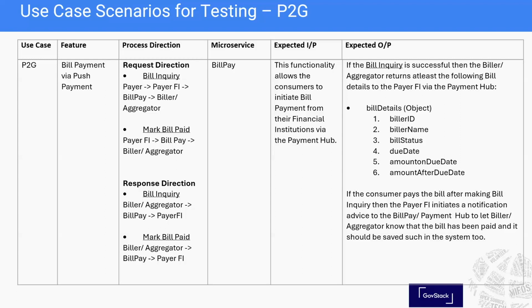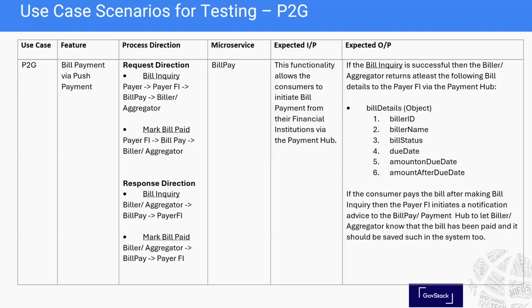That prefix could either be hard coded into the payer FSP's applications, or it could be requested for the customers to type in before sending the bill payment. It could be handled in any of the ways. But once that is added, the payment hub is able to identify which biller, aggregator, or bill payment system the bill inquiry request is coming for, and it forwards it accordingly.